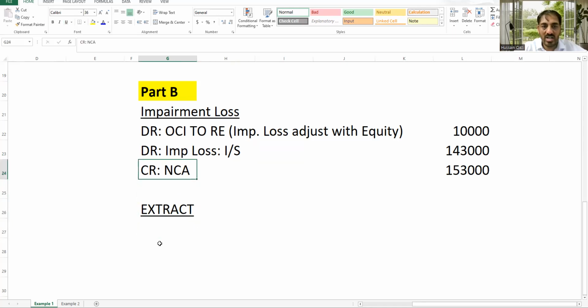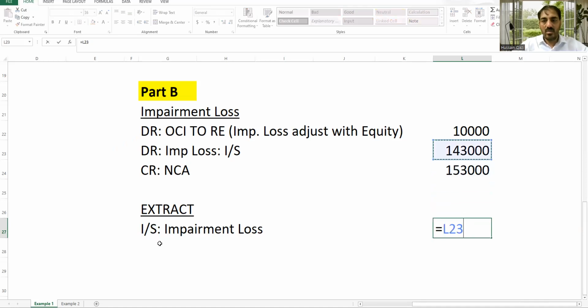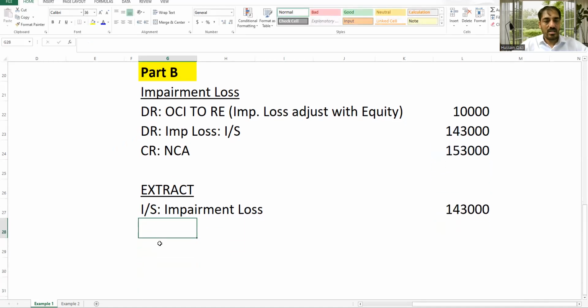Okay, so what is the extract? I will reply to your question, don't worry about it. The extract here with respect to the income statement is the impairment loss that equals 143,000.